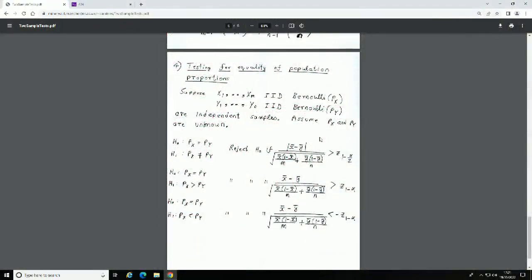Here, question number 5, we are testing for equality of population proportions, right? So you need to use either this one or this one or this one. So one of the three you need to use, right?